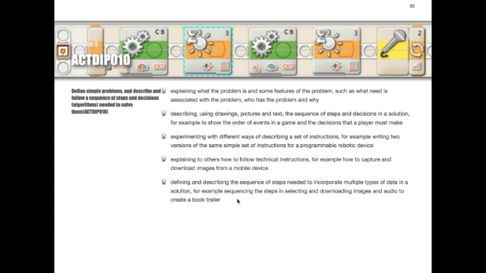So if you remember back to our workshop, we had the selection commands or if-then commands. So if the sound is above a certain amount, then do something. So simple little decisions that are made by the software based upon some input or something changing.